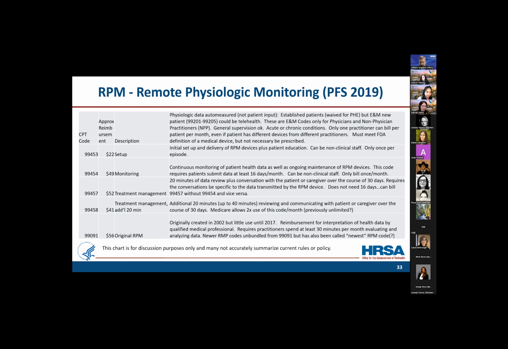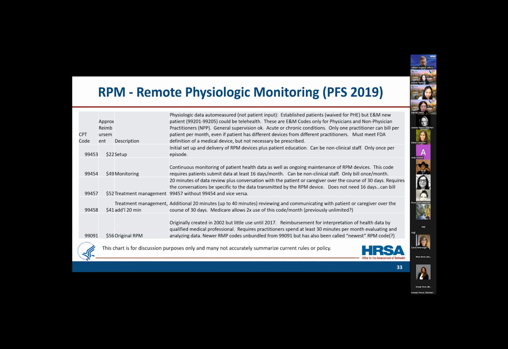Check with your TRC, check with your counsel, but these are RPM codes, and there's a setup code, a monitoring code, which emphasizes you need to monitor at least 16 days per month to submit for this code.